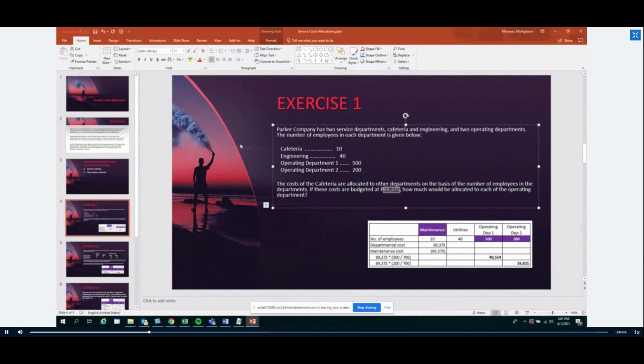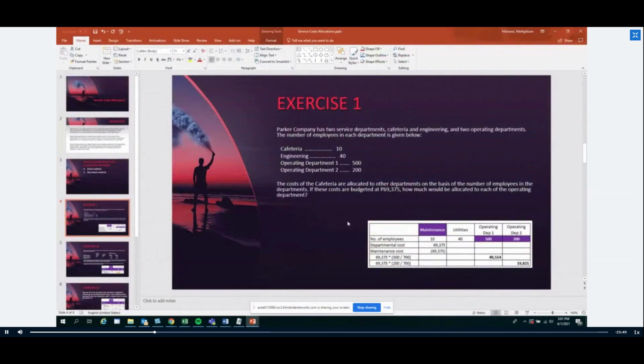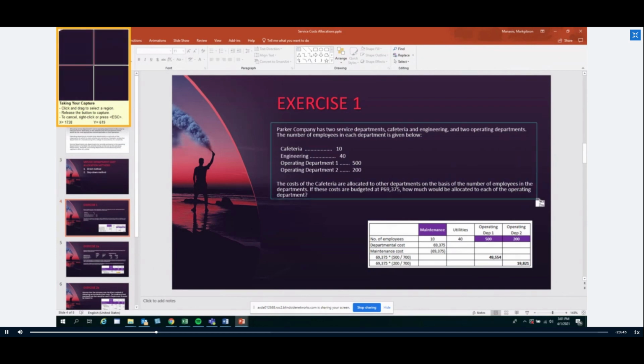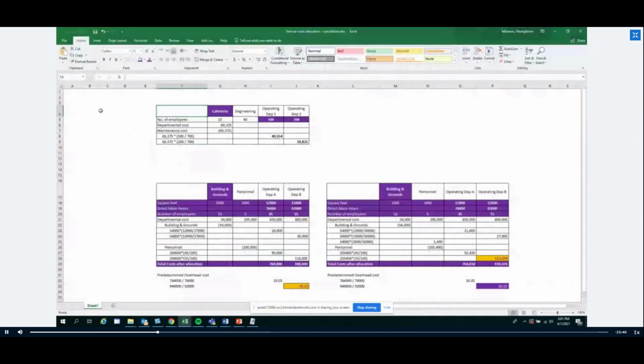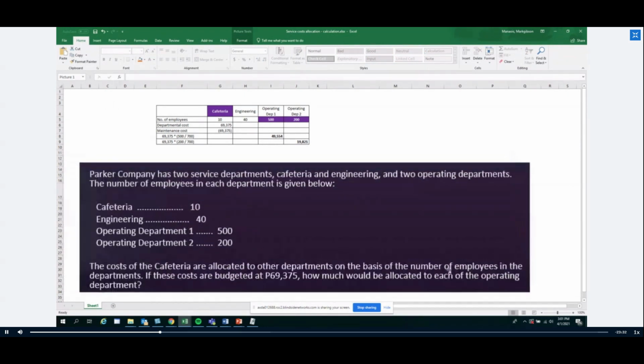This is cafeteria and engineering. Let me get the problem here.